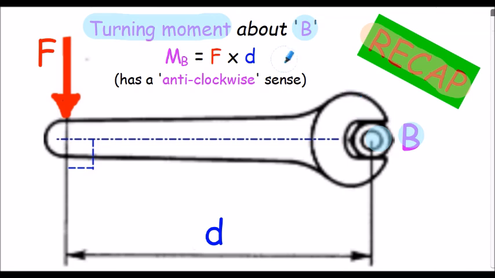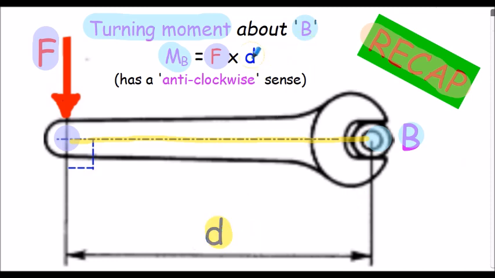To calculate the turning moment, also termed the torque in this particular instance, the formula is simply moment about B, the force applied here at the end of the spanner, denoted as F, multiplied by the perpendicular distance shown here that the force is applied away from the turning point, or the nut in this case, point B. That's labelled as lowercase d here.